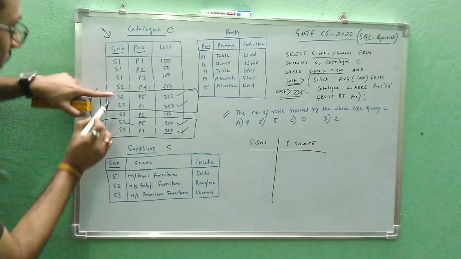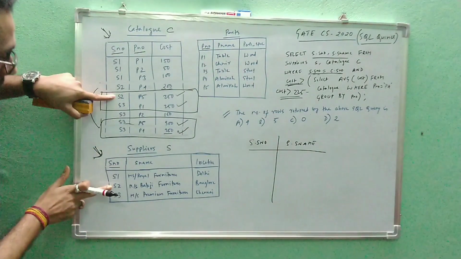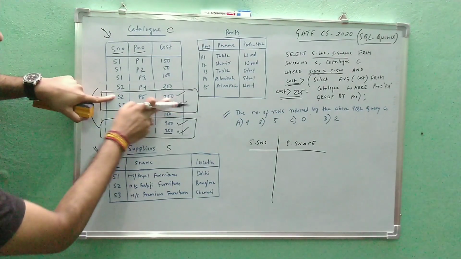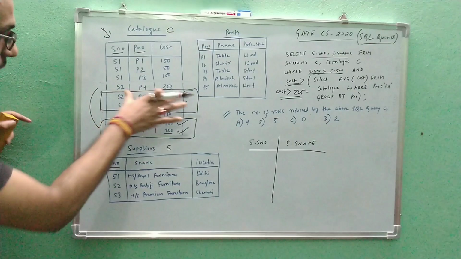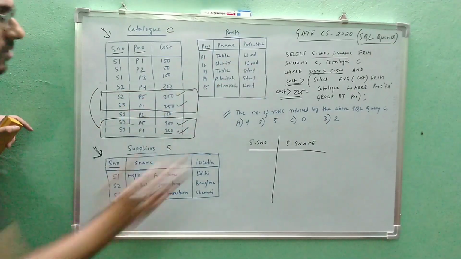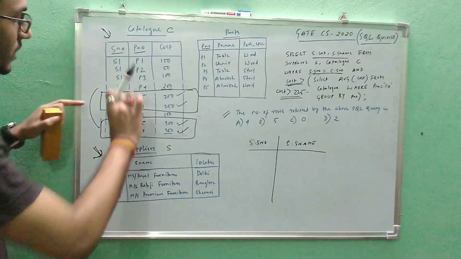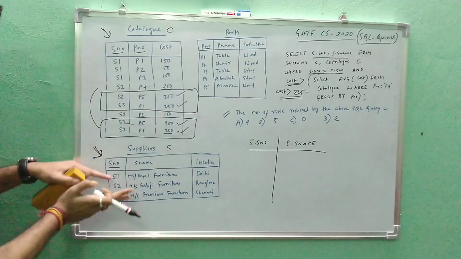So when this S2 will be compared with this S2, there is a match, and obviously the cost is matching, because first of all we have already filtered these rows using cost, since both are AND conditions, so both have to be true at the same time. That's how we have filtered it first, then we are going to apply this.